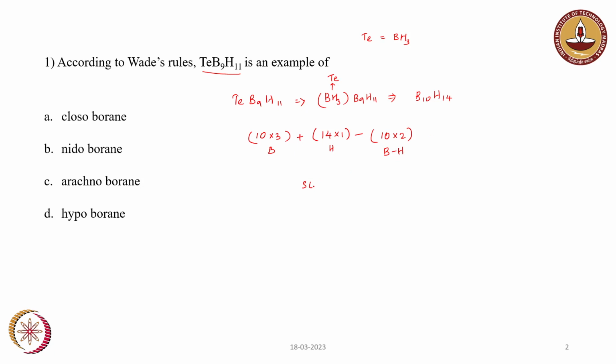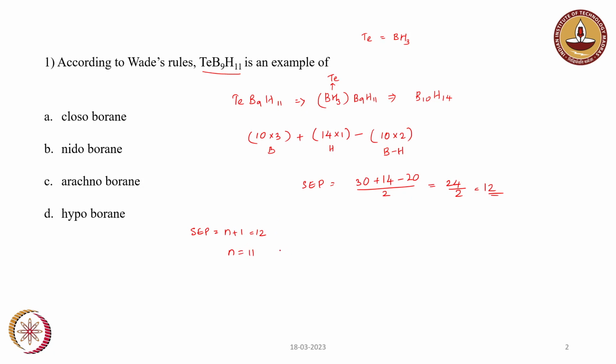So SEP will be 30 plus 14 minus 20 divided by 2, which is equal to 24 by 2, which is 12. So SEP is equal to n plus 1. So here we have 12, so n corresponds to 11.